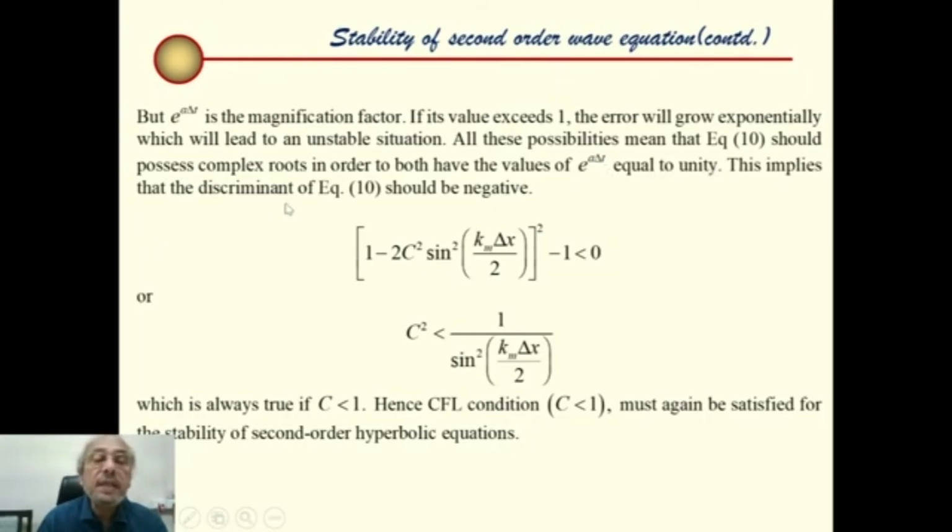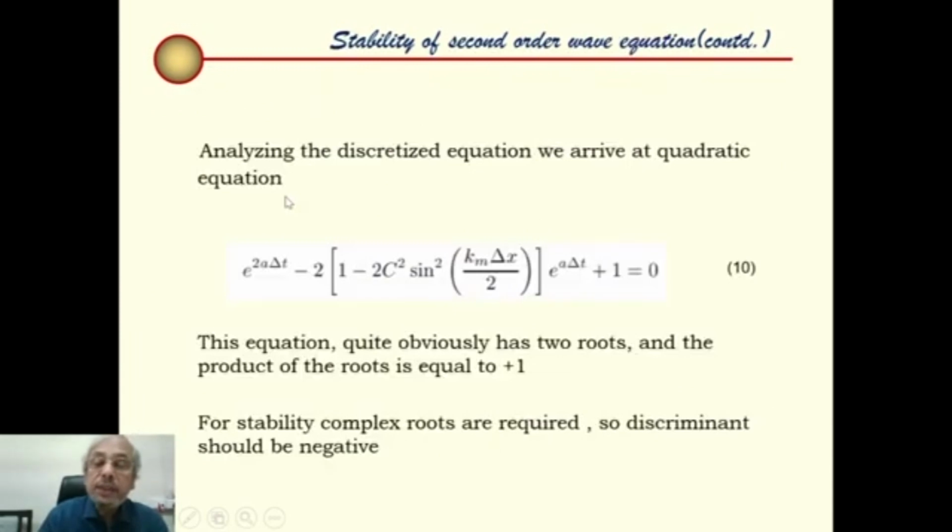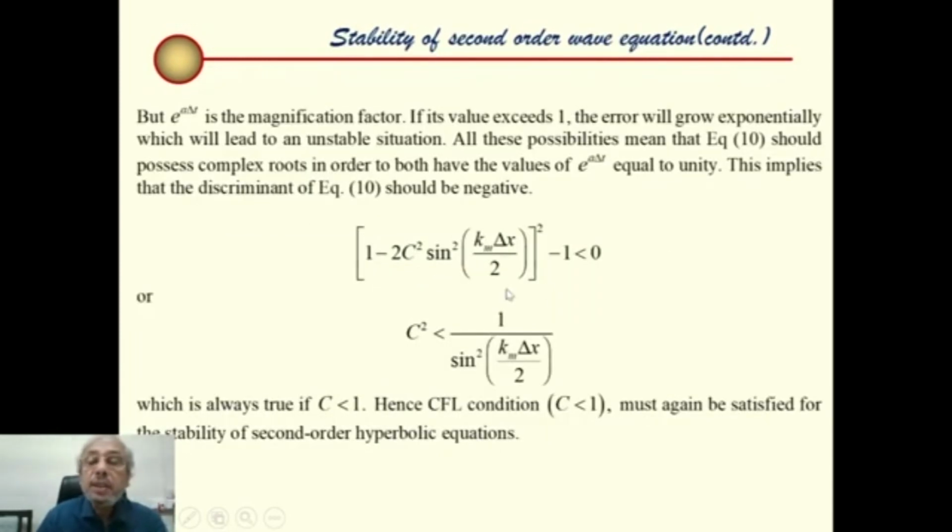This implies that discriminant of this equation has to be less than 0, has to be negative in order to get a complex root. So it is simple algebra. We can clearly see, in order to satisfy this condition, that 1 minus 2 c square sine square km delta x by 2 whole square minus 1 less than equal to 0.